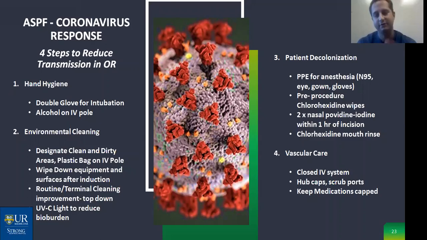So, induce, intubate, get the patient squared away, and then start wiping everything down, because as you can see, in the OR the APL valve, the reservoir bag, the dials are the most contaminated areas that we have. So I think it's very worthwhile to wipe those down. And then routine terminal cleaning, they want us to improve the way that we do it, and a way to improve it is to start from the top down.